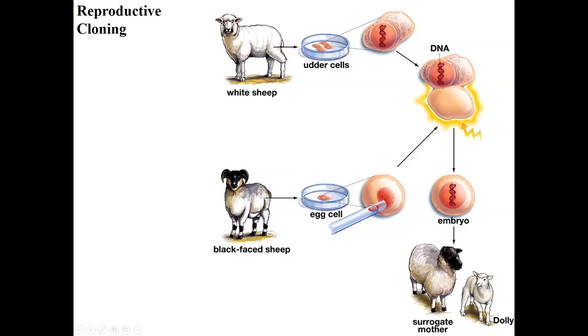So you take this cell, any cell, in this case udder cells, that is diploid, and you take an egg from another animal. And from the egg cell, you take the DNA out. So this empty shell, with all the proteins but without the DNA, you fuse that with the cell from the udder, which is already diploid, okay? Now you have fusion. Now the cell will reprogram to become an embryo, okay?